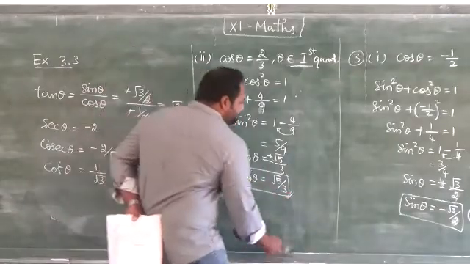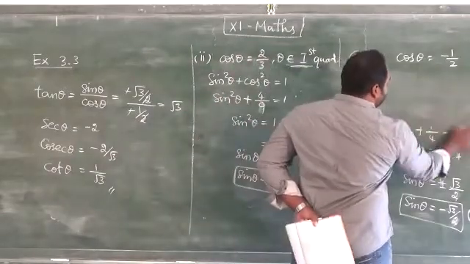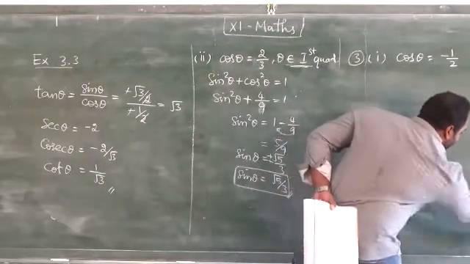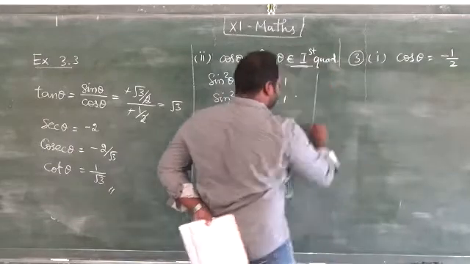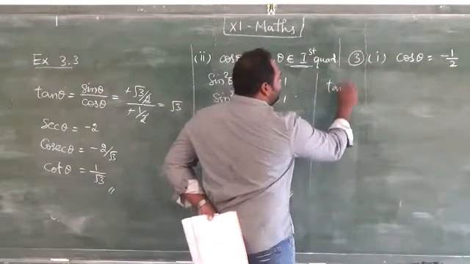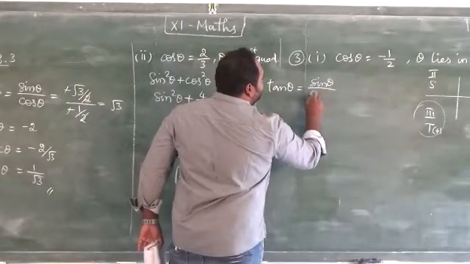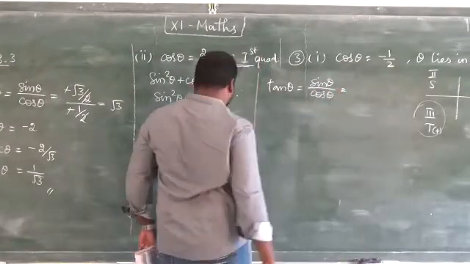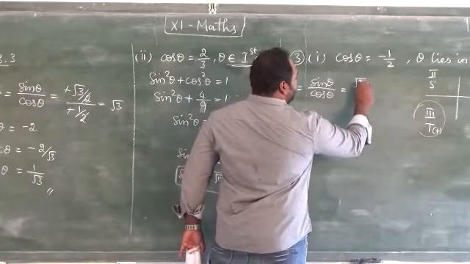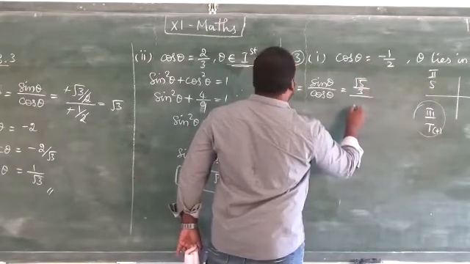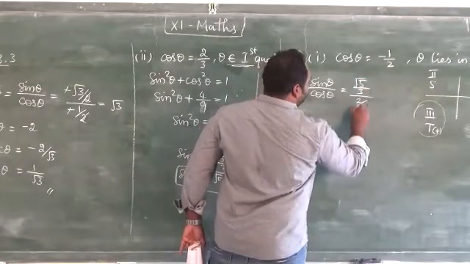Next, sin theta, cos theta, we know that. Next, tan theta equal to sin theta by cos theta. What is sin theta? Root 5 by 3 divided by cos theta, 2 by 3.